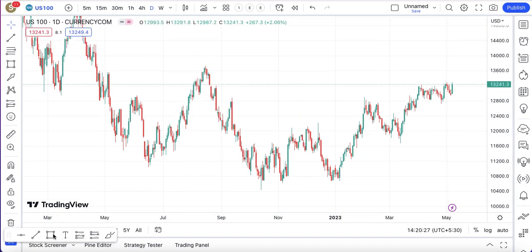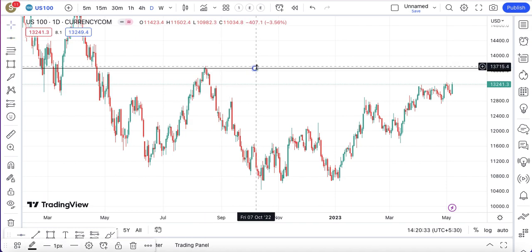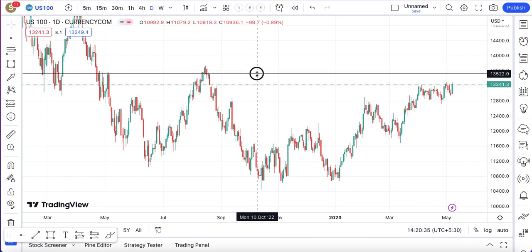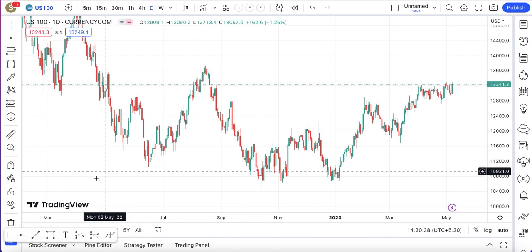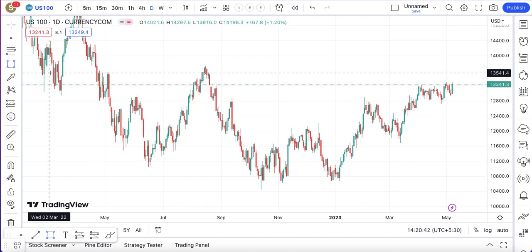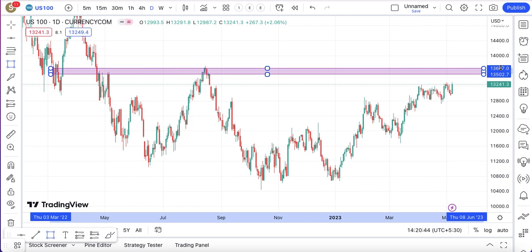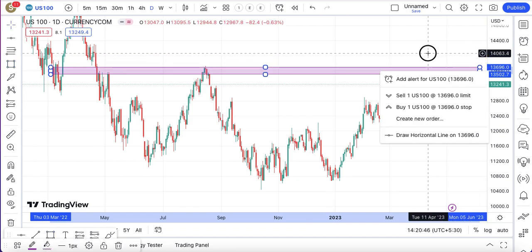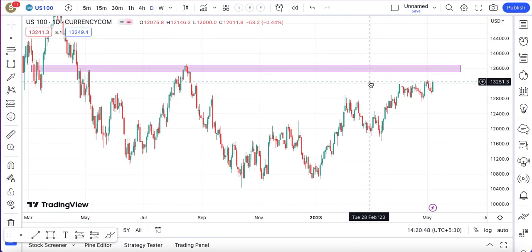Market is going up. The first resistance market faces is here, or you could push it even down. So this is the first resistance market is facing. This is the resistance level market is facing.